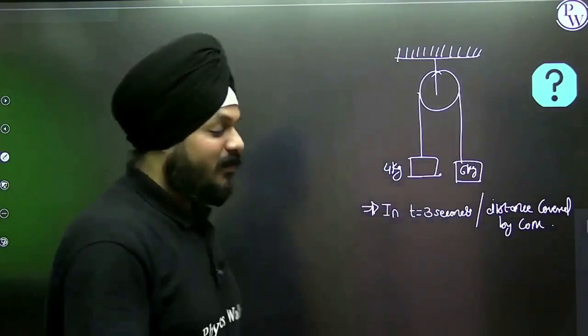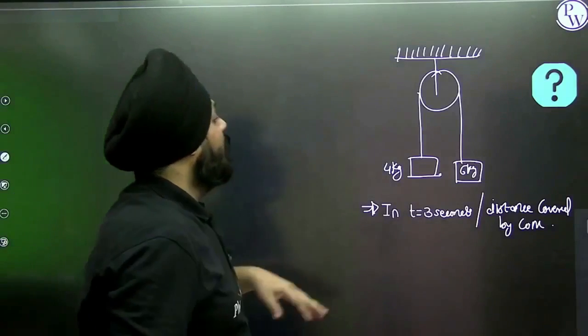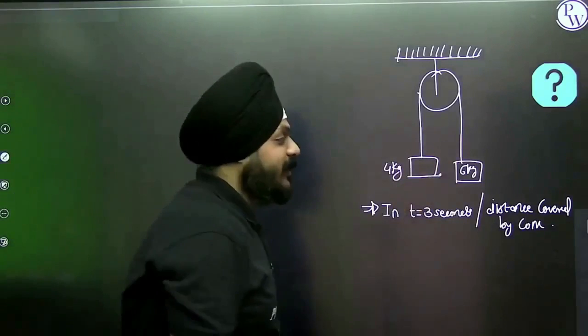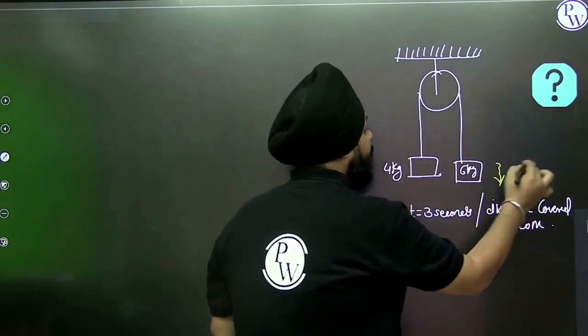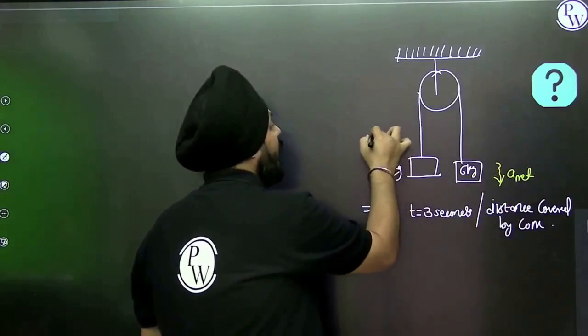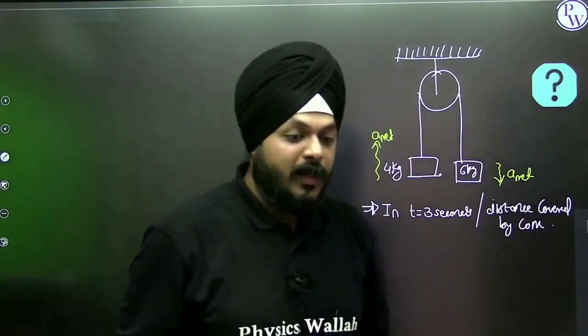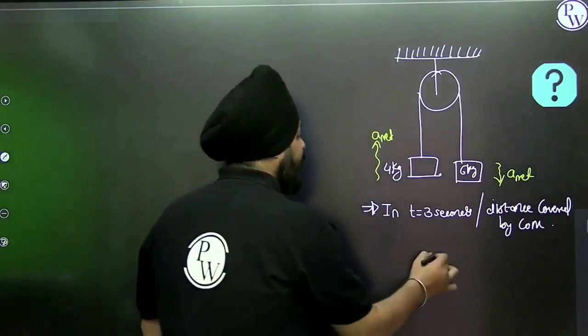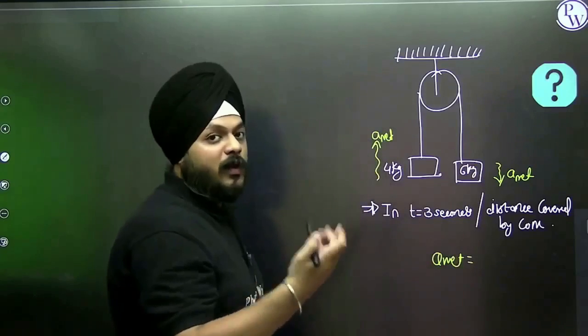Nice question. Now, suppose this is 4 kg, this is 6 kg. We are completely aware that the 6 kg is going to accelerate with the net acceleration in the downward direction, and the other is going to accelerate with the net acceleration in the upward direction. We are going to calculate the net acceleration. We have direct formulas also, or with this kind of sums we have seen in NLM.